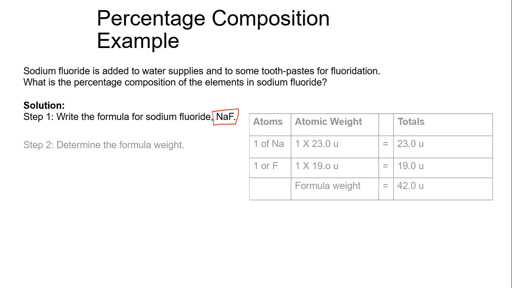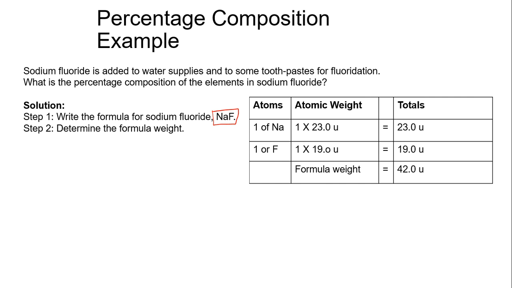Okay, the second thing to do is we determine the formula weight. Well, the atomic weight of sodium is 23 units. There's only one sodium, therefore the total is 23 units. Fluorine has an atomic weight of 19 atomic mass units, only one fluorine atom, so its total weight is 19.